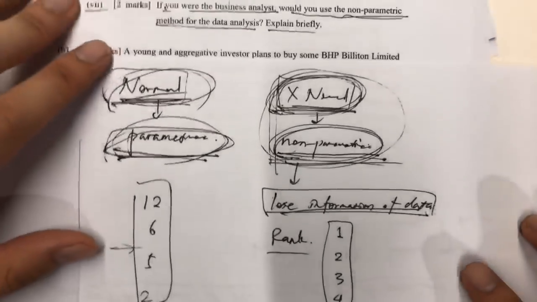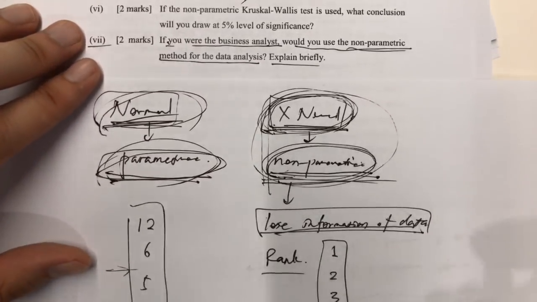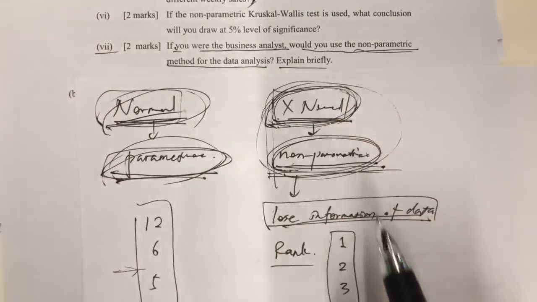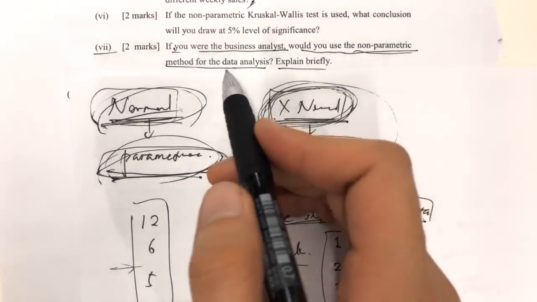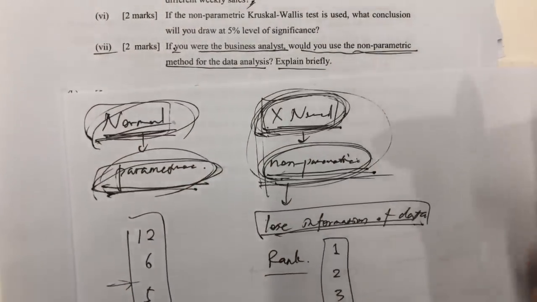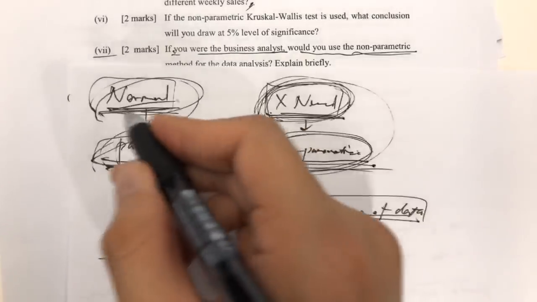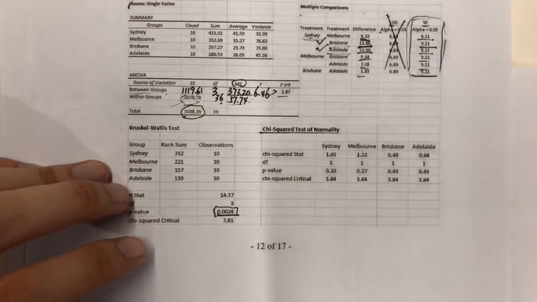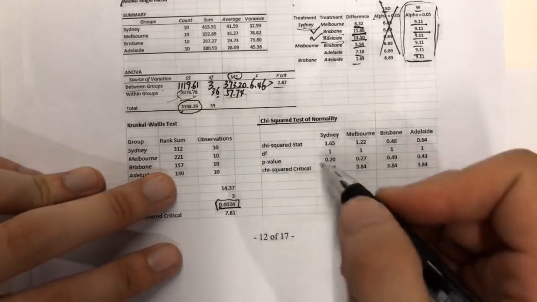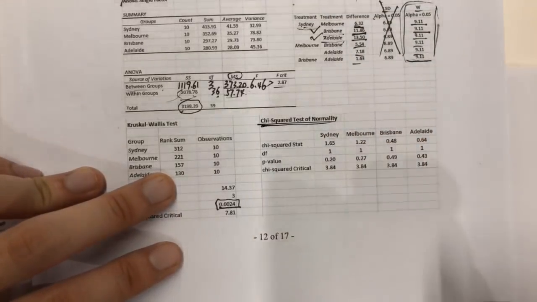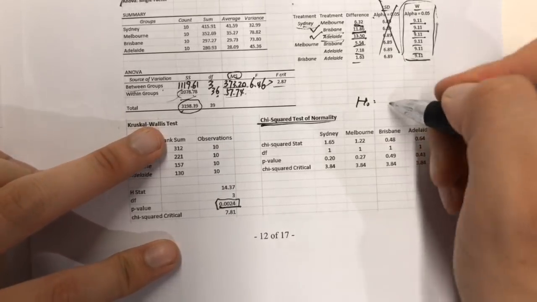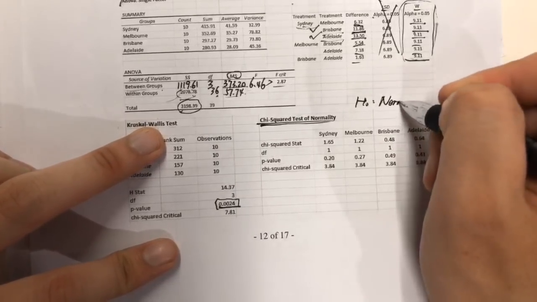Well, let's finish this question first before we see the questions from the students. So if you were the business analyst, would you use non-parametric or parametric? This is basically looking at the normal assumption, right? The output here has a chi-square test of normality. For this test, the null hypothesis is normal, right?